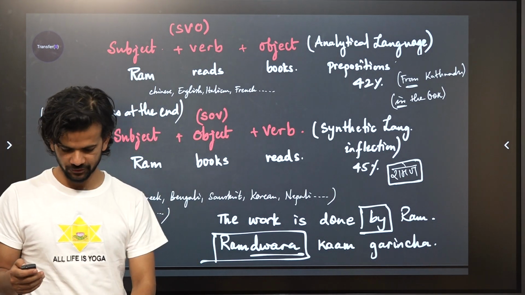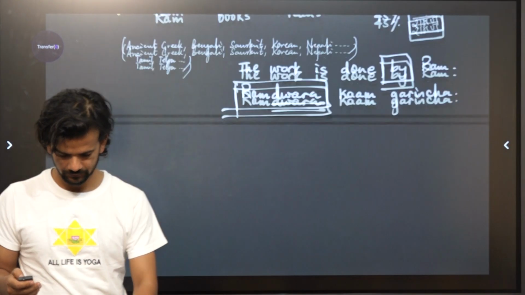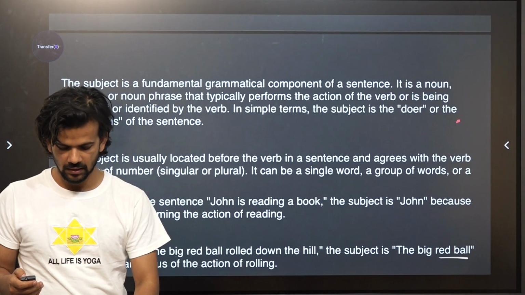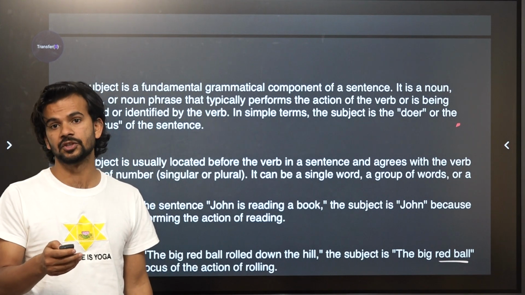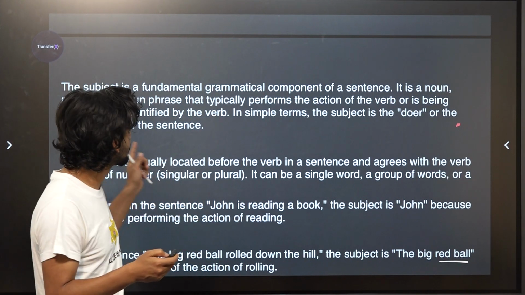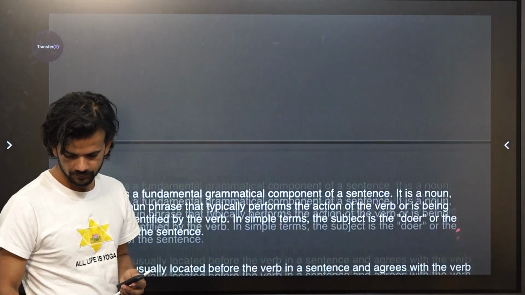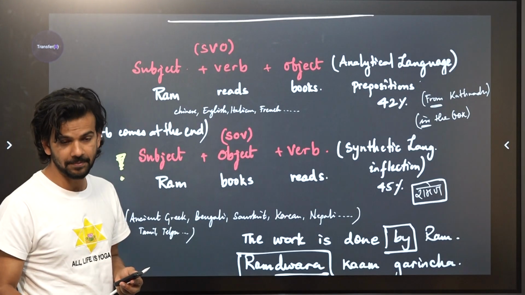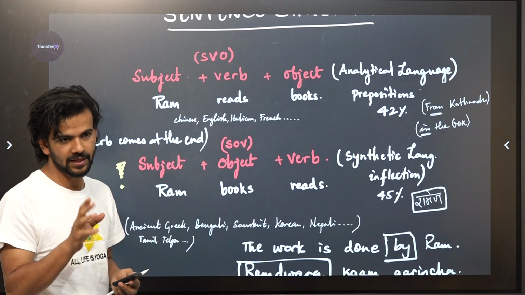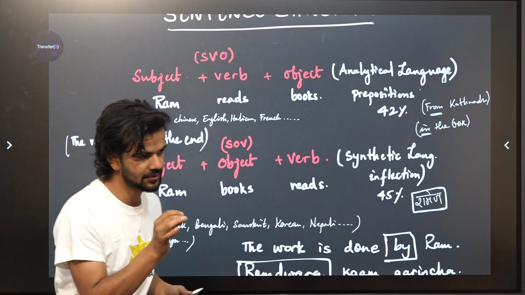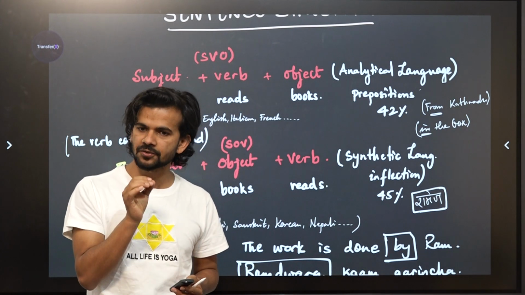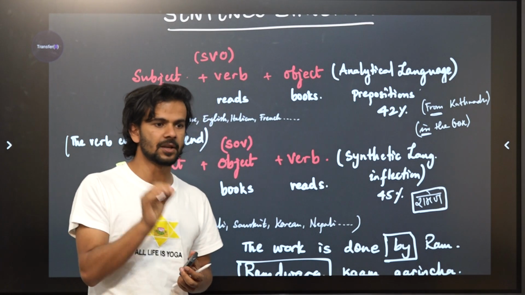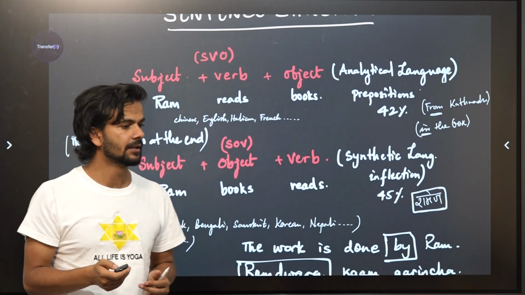Now the next one is going to be about subject. We are studying English, so subject is one of the most important parts of the sentence. So what is a subject? And to figure out what the subject is, that's going to be in the next class.